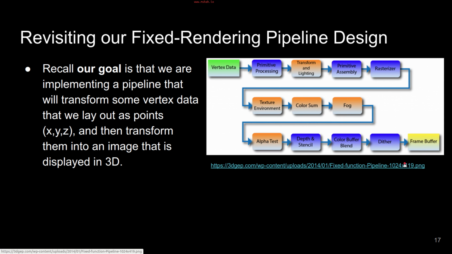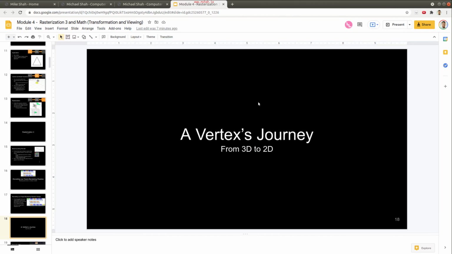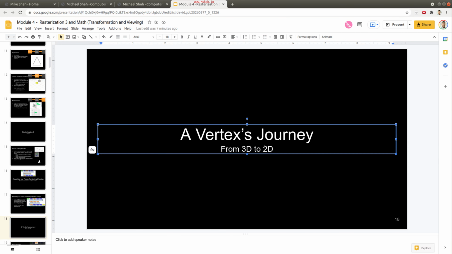Okay, so let's take a little look at a vertex's journey from 3D to 2D. Okay, and maybe another way I can edit this just to make it a little bit clearer: from 3D X, Y, Z to 2D X and Y on your monitor.